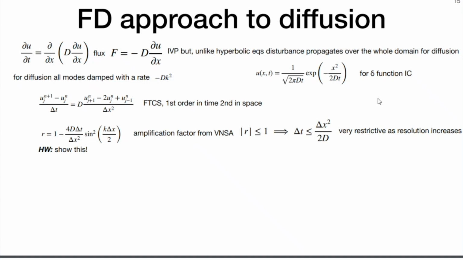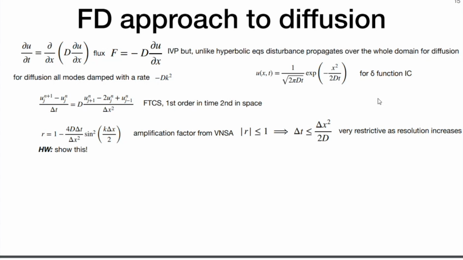This you can sort of ignore for low k. For k delta x by 2 equals pi by 2, which will be a mode in that family of k's, this is just 1. When D delta t by delta x squared becomes 2 or higher, R can become minus 1.5 or things like that, and it will be unstable.